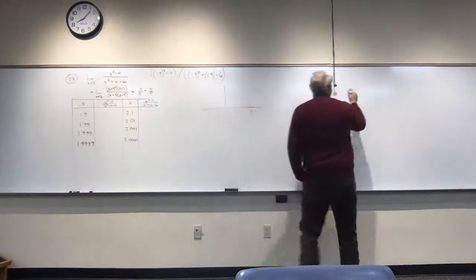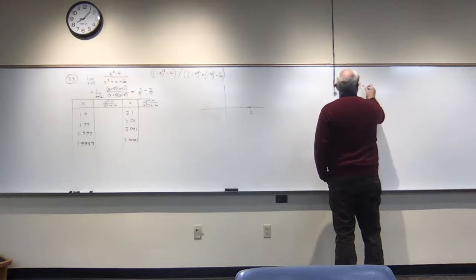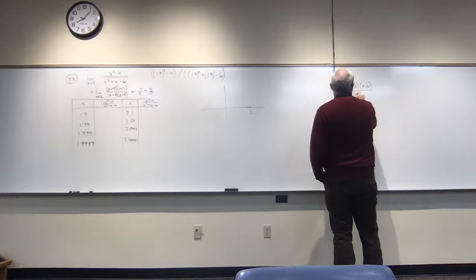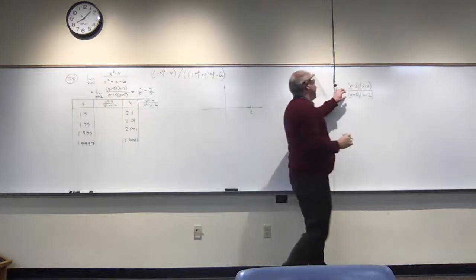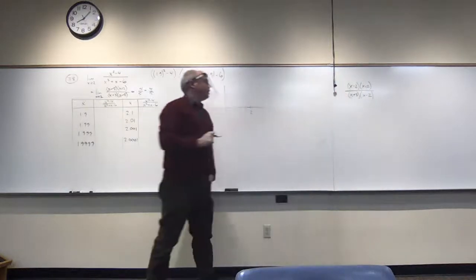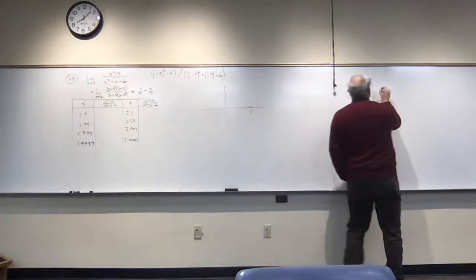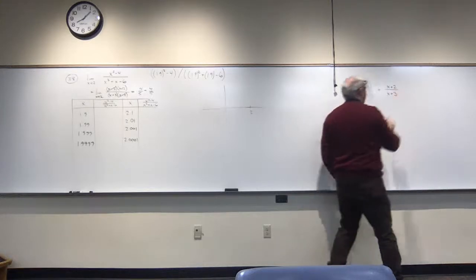So what I did is I said something like x minus 2 times x plus 2 over x plus 3 times x minus 2. Now, let's just take this as a function. And the question is, is this equal to x plus 2 over x plus 3?